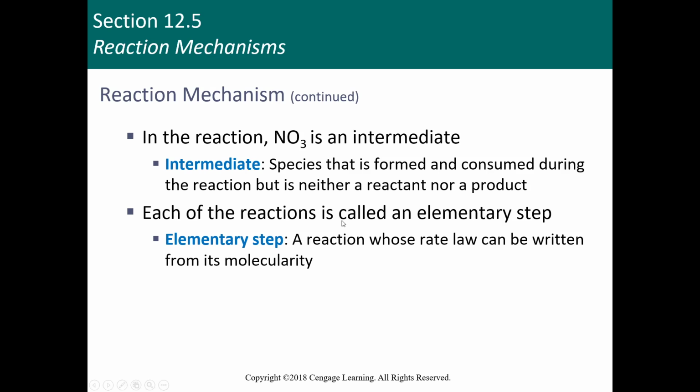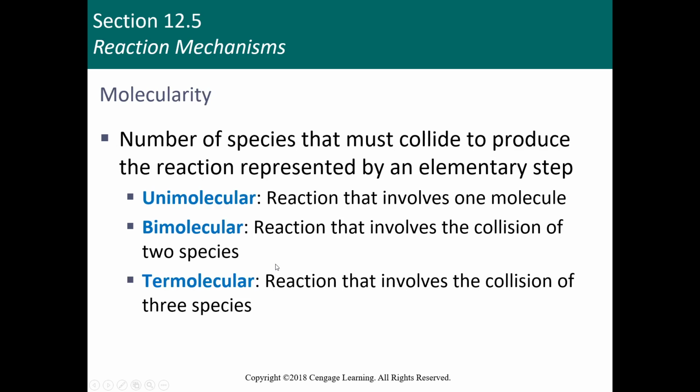Each of the reactions that we see in the total mechanism is called an elementary step. Typically, people just call them reaction steps or steps of the reaction, but the correct name is elementary step. That is proper. This is a reaction whose rate law can be written from its molecularity. And we need to define molecularity now.